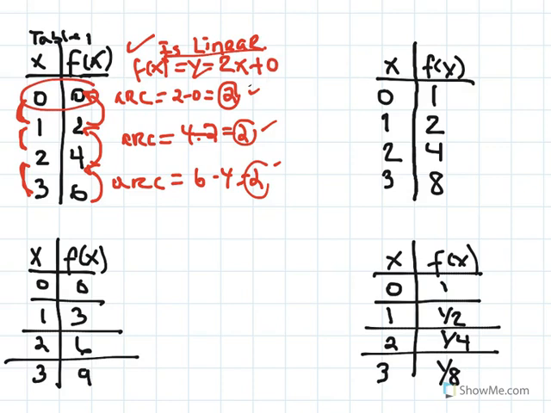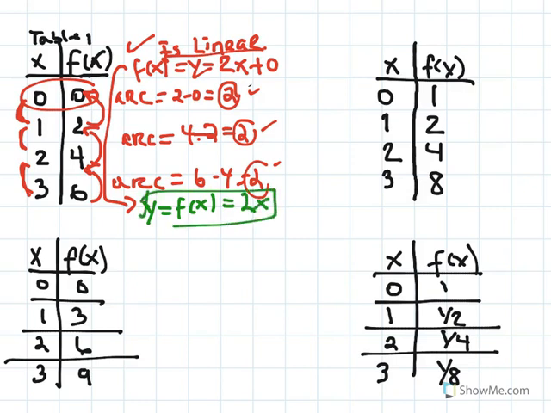So 2x plus 0, which means that the equation for this particular function is y equals f of x equals 2x, or y equals 2x, right? That's the equation of this particular function represented in this table. Again, remember, with consecutive inputs, all I have to do is calculate the difference of consecutive outputs.